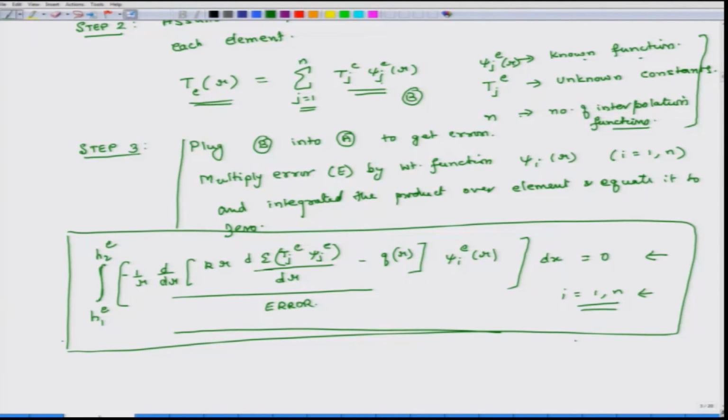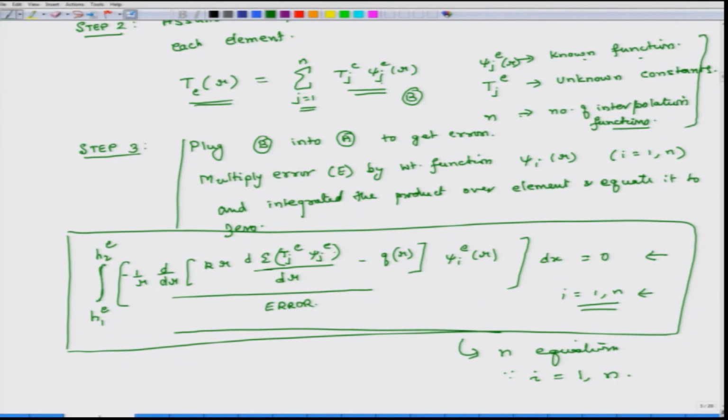Okay. So, this is not one equation, this represents n equations, because I equals 1 to n.